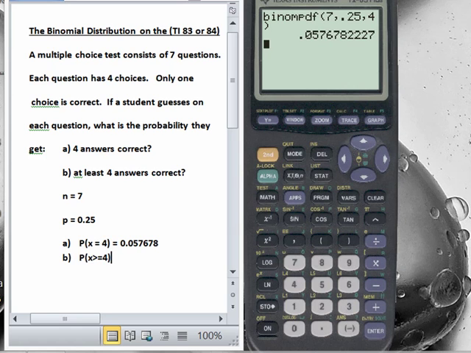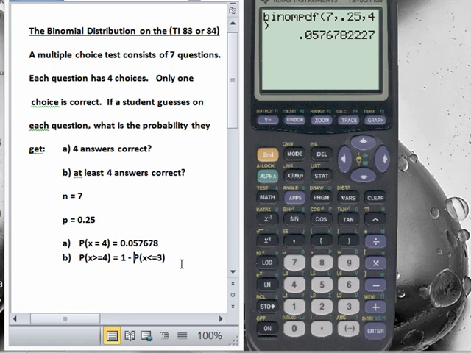Well, the only way to do that on a calculator is we're going to have to figure out the probability that x is less than or equal to 3, and then we have to subtract that from 1. So we have to do 1 minus the probability x is less than or equal to 3.